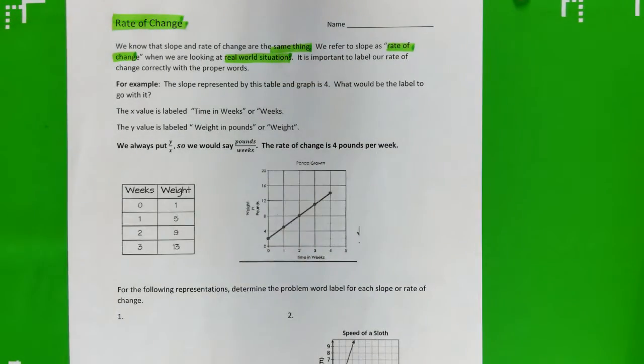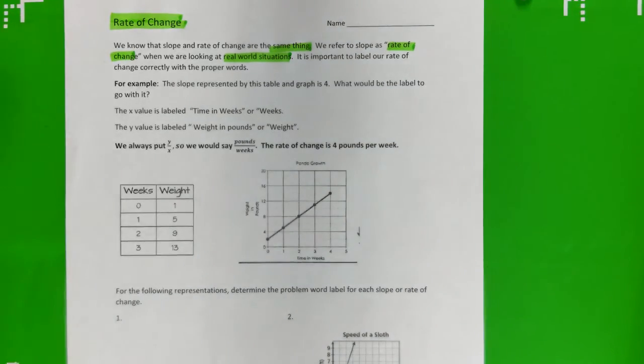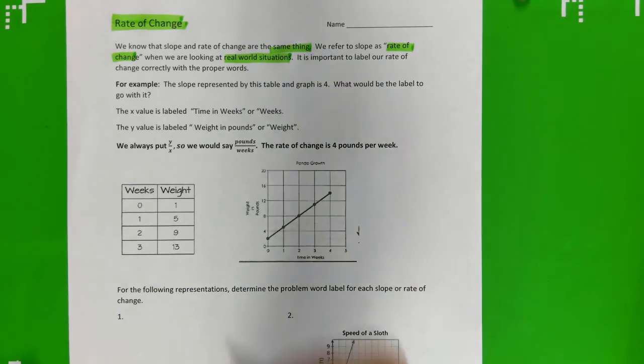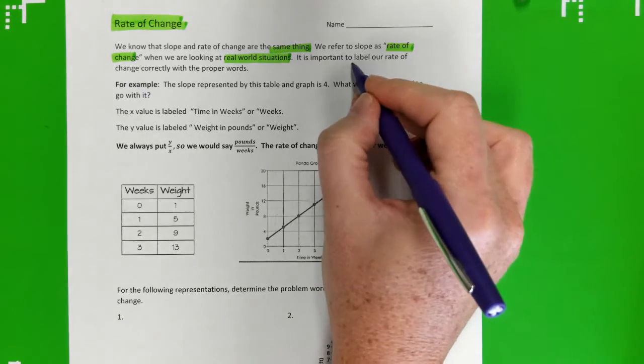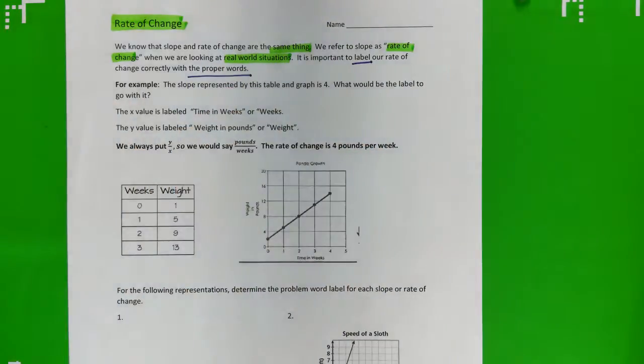It's super important that when we look at something with words and real world situations, we label our rate of change with the proper words, because sometimes they'll try to trick us.